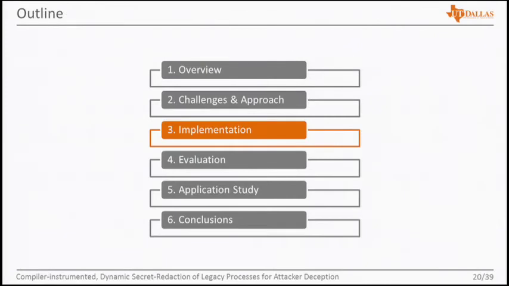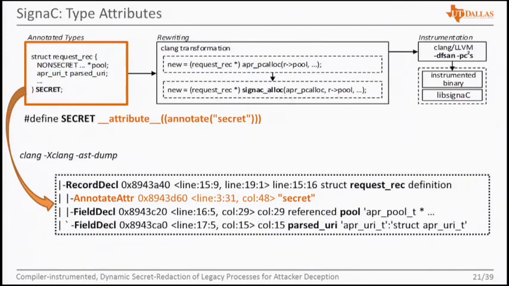So to see how we implemented this in LLVM, let's go very quickly through our implementation. First, we have data types annotated with this secret annotation, defined as annotate attributes that get parsed into the abstract syntax tree and can be leveraged by our rewriting or preprocessing step.